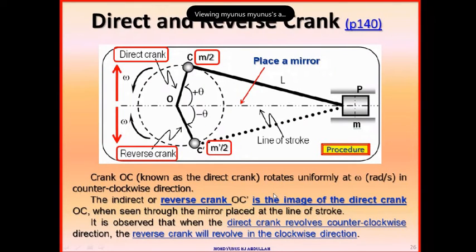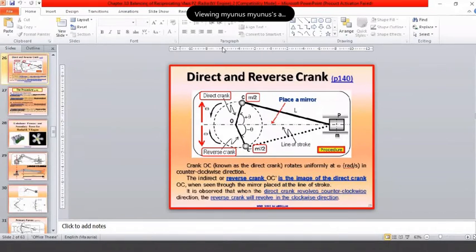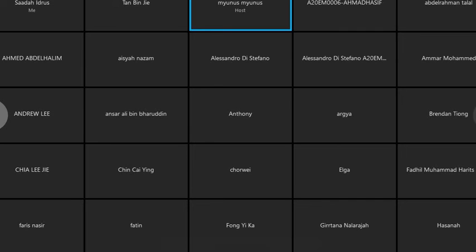Okay, now this is the direct and reverse crank. I'm not going to use this one. I'm going to stop sharing here. I'm going to share with you the PowerPoint, the PDF.